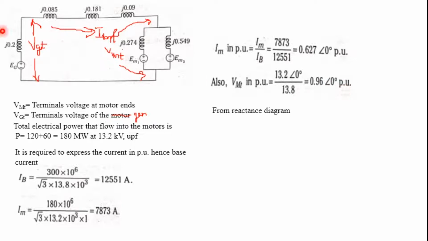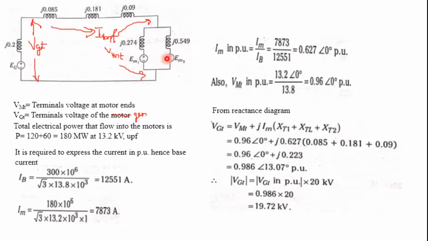So from the phasor diagram, we can write VGT is equal to VMT plus the current times this drop plus this drop plus this drop. That is transformer T1, transmission line TL, and transformer T2.